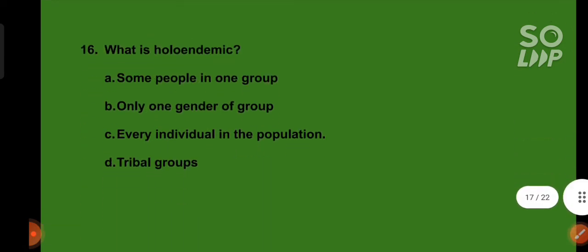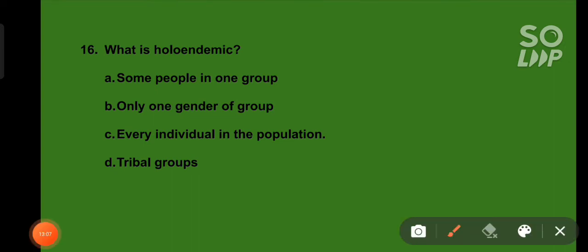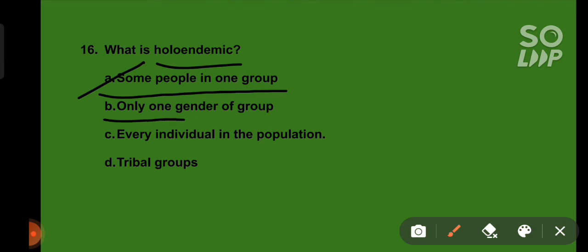The next question is, what is holoendemic? So what is the meaning of holoendemic? The options are option A, some people in one group. Option B is only one gender of a group.